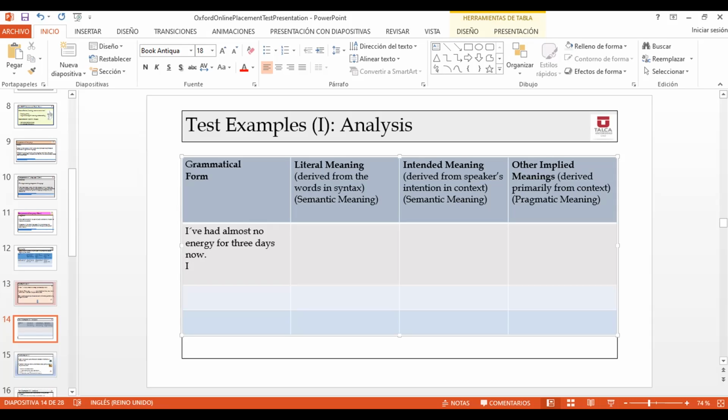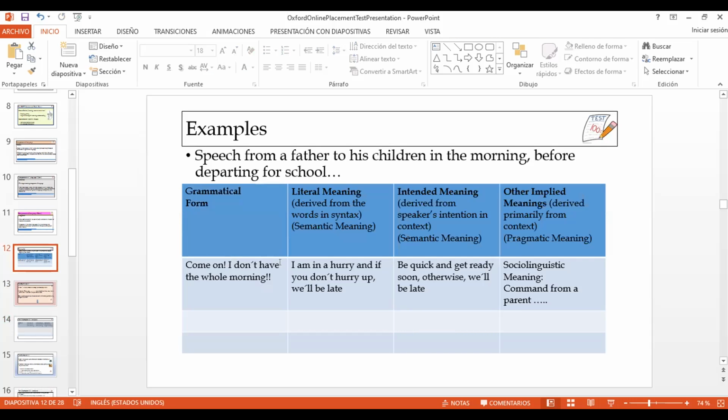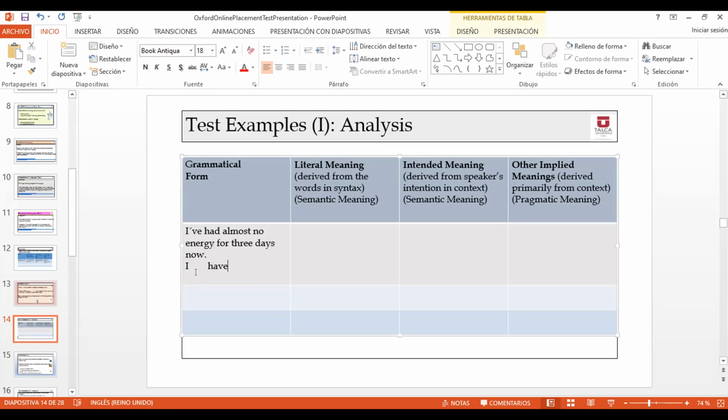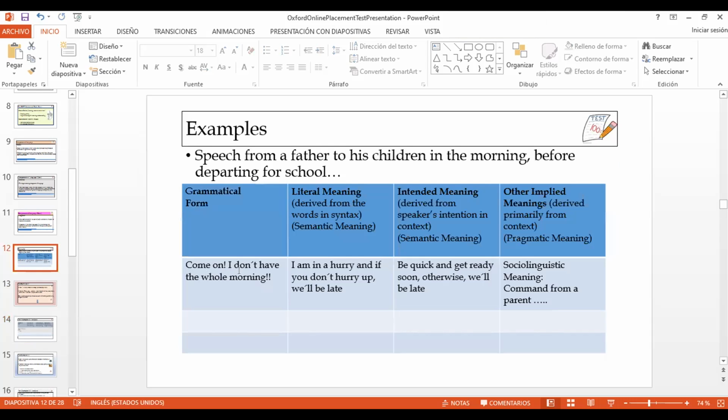I have had almost no energy. How would you negate? Remember here we have a negative sentence. I don't have the whole morning. Come on, a negative. How do we negate the verb? The main verb is have. What is the auxiliary? Okay.